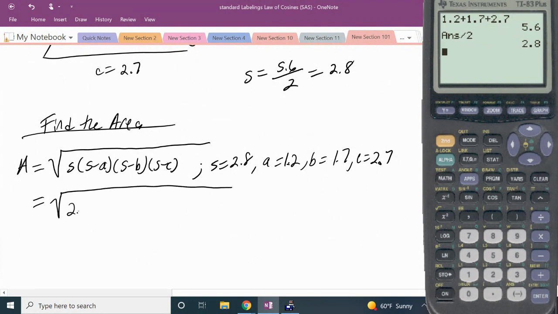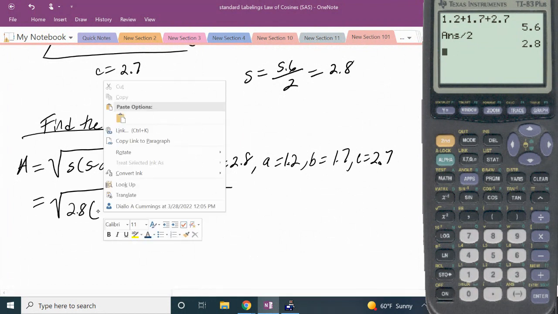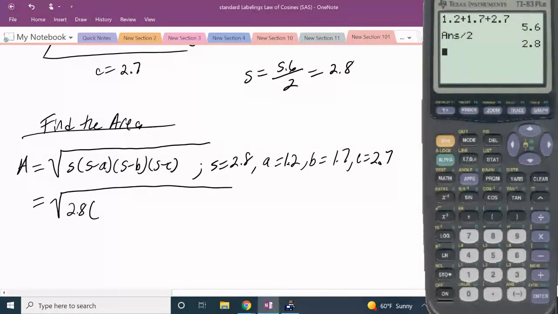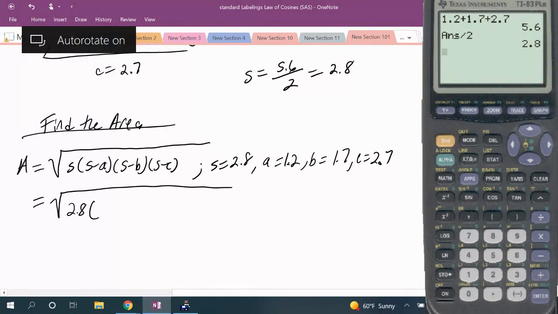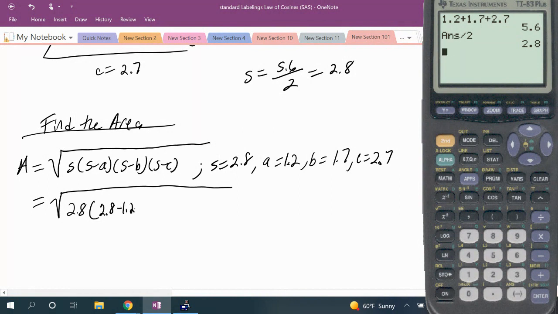All right, so that's 2.8 times, and I have to flip this around again. So that's S times S minus A. So S is 2.8, A is side length A, which is 1.2, times 2.8 minus 1.7 times 2.8 minus 2.7.